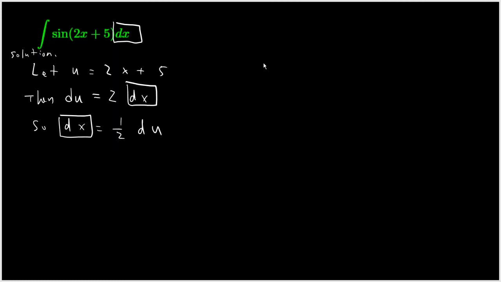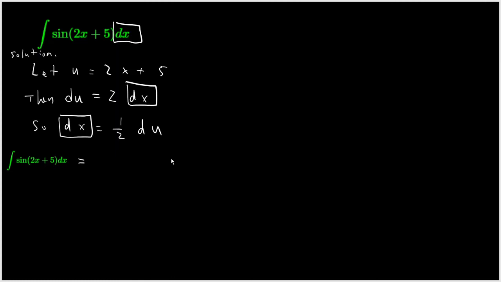Now your next job is to rewrite the given integral entirely in terms of u, so without involving any x. Even in our textbook, the author was trying to include x and u in one integral. I really do not like that. You're going to see the reason next week.